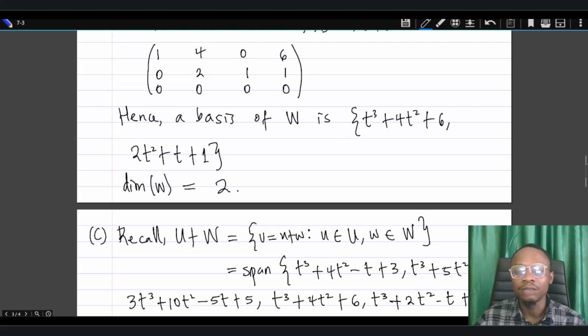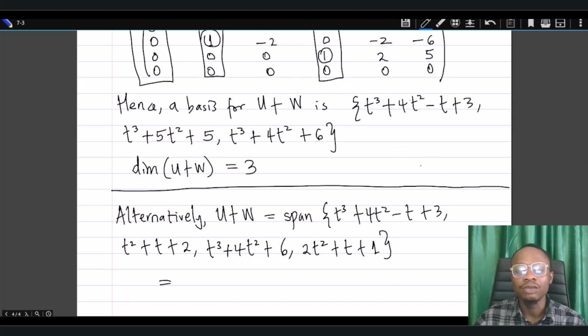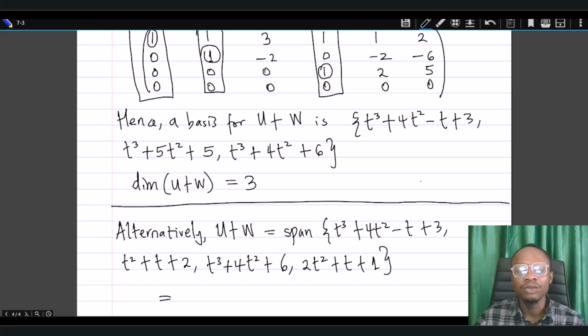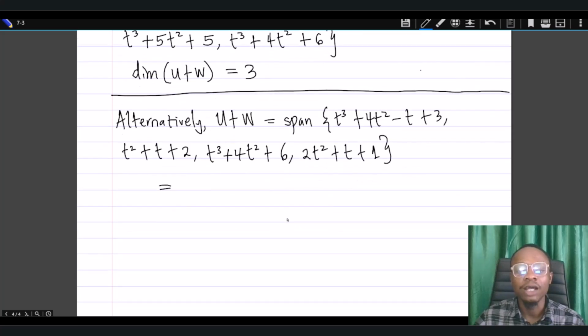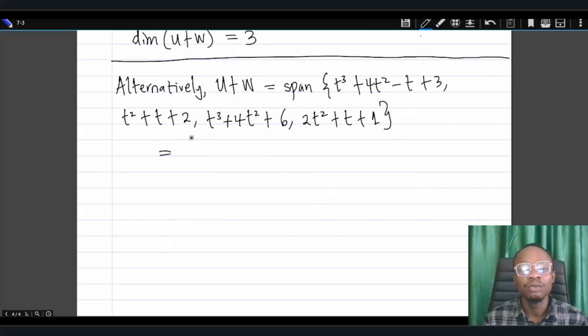That means the first two will span U, the second two will span W. So U plus W will be spanned by the four vectors put together. And if that is the case, we can also put this in this form and say the coefficients of t cubed coming first: 1, then 4, then minus 1 and 3.